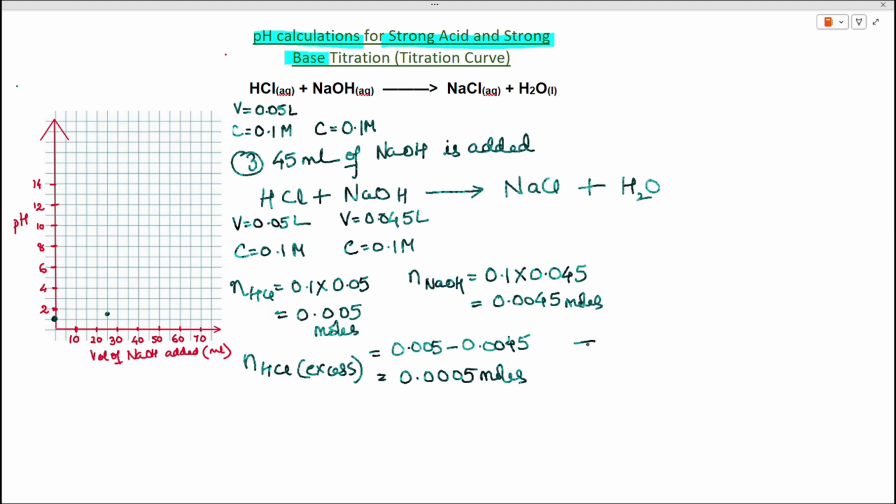Now again we'll find the total volume. So the total volume will be equal to the volume of HCl, which is 0.05, plus the volume of NaOH, which is 0.045 liters. So the total volume is 0.095 liters.